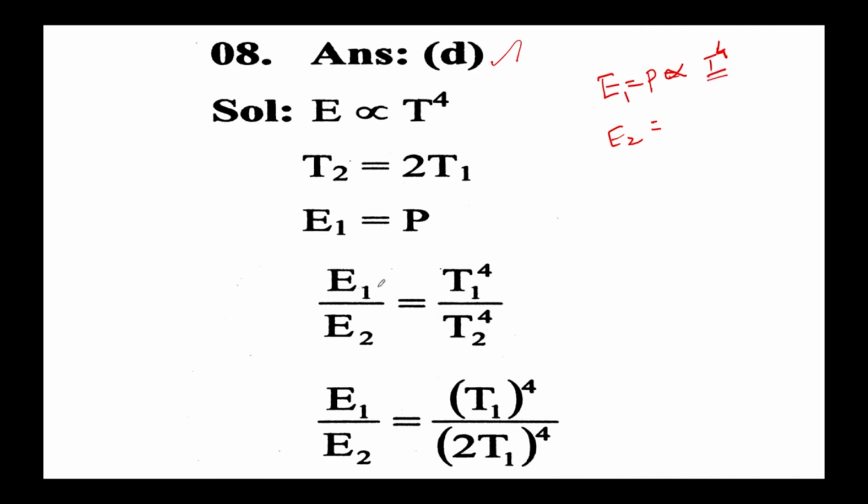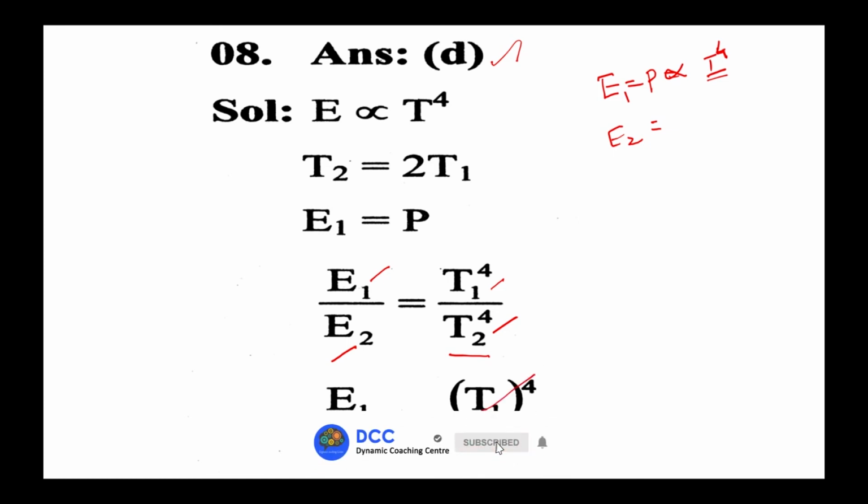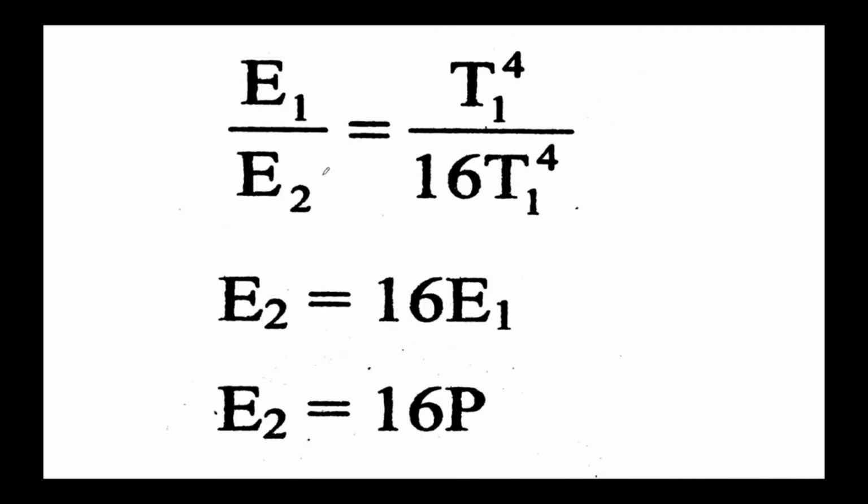So if you go for E1 by E2, it would be T1 power 4 by T2 power 4, and instead of T2 you can go for 2 times T1 power 4. So T1 power 4 can be cancelled in both numerator and denominator, and 2 power 4 gives you 16, and if you rearrange the terms you get E2 equal to 16 times E1.